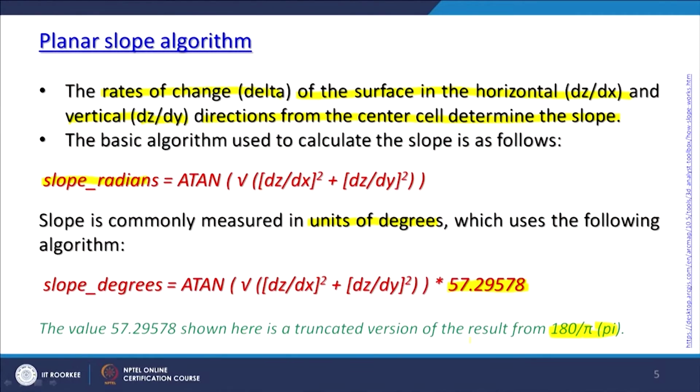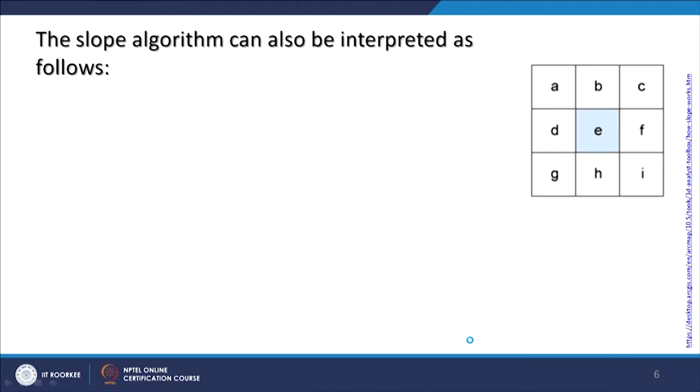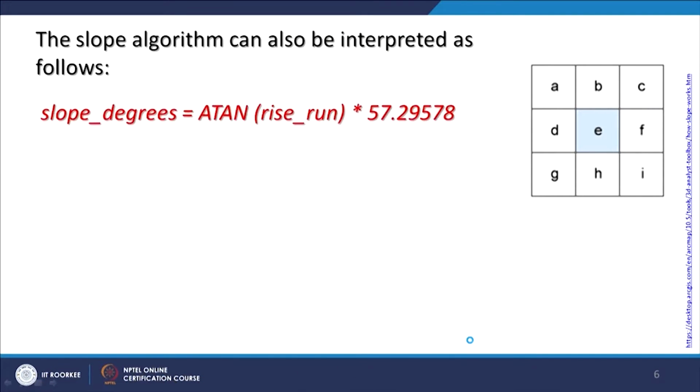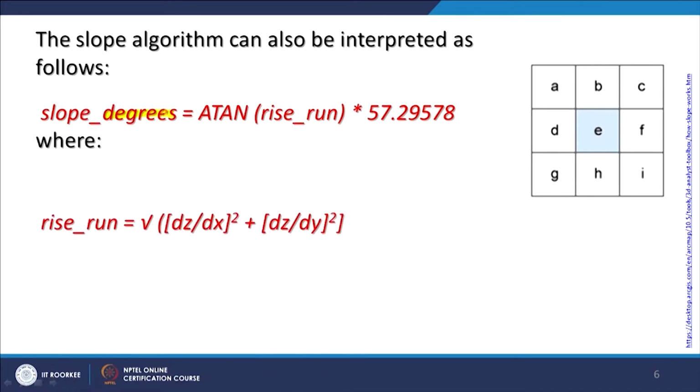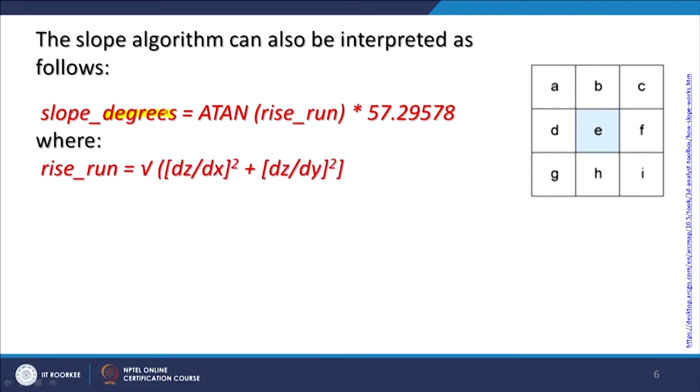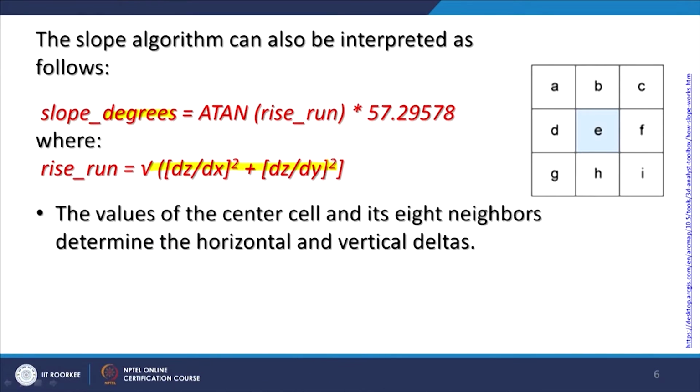Now here is the truncated value by 180 degrees by pi. The slope algorithm can also be interpreted in this form, like a slope in degrees, where you know that rise over run will be decided based on this expression, and the value of the center cell and its 8 neighbors.